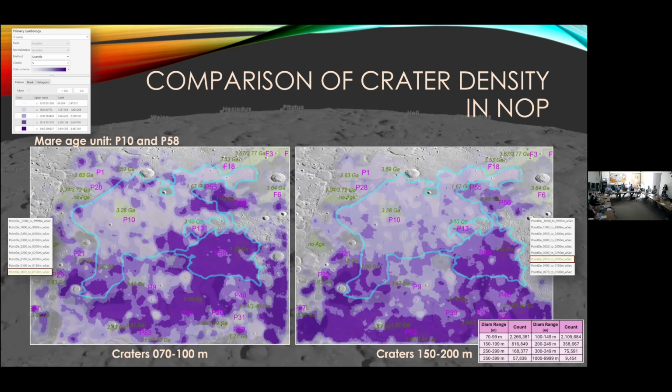So let's run those layers through our density process. We've got some of the screenshots from the tool from ArcGIS in here, but mainly we'll focus on the results.